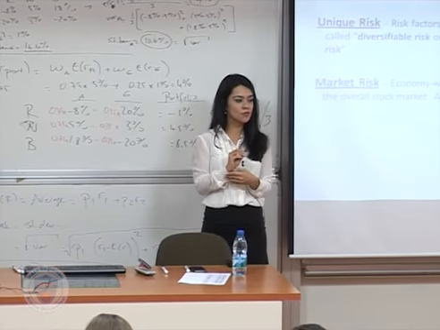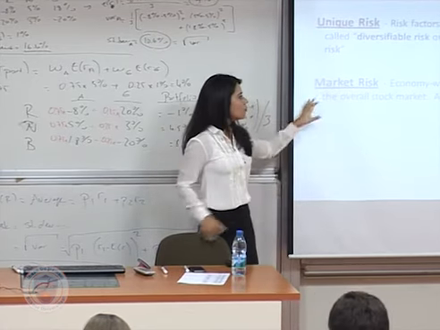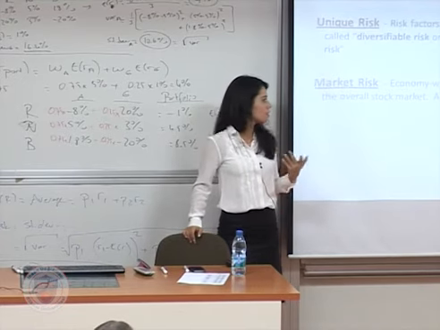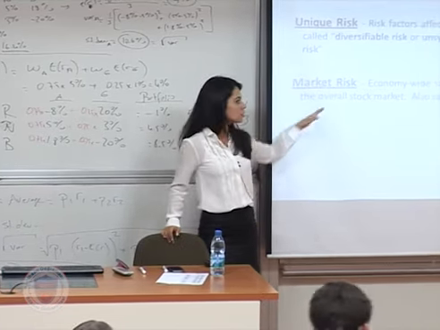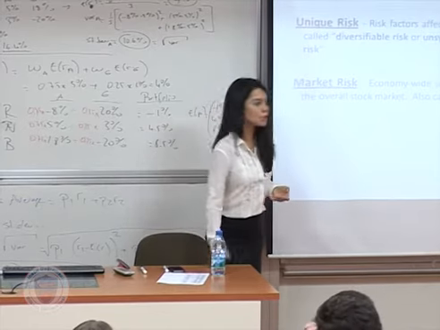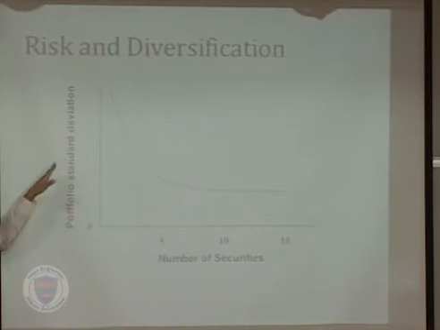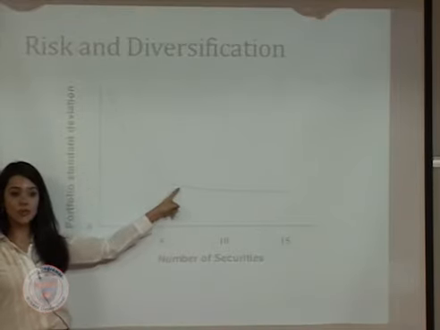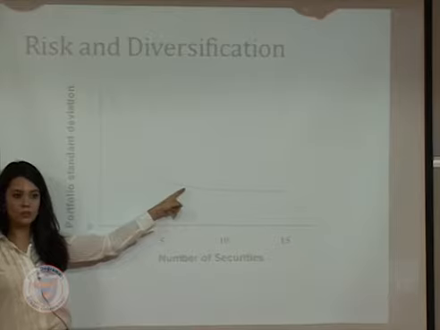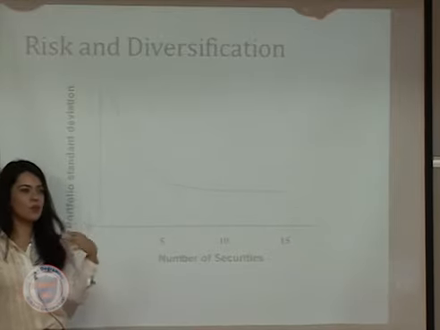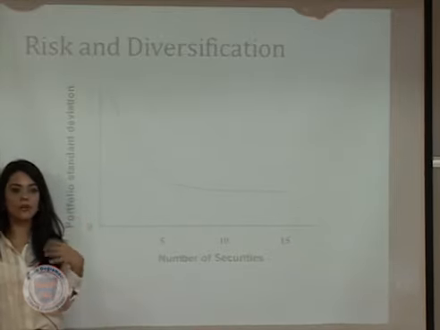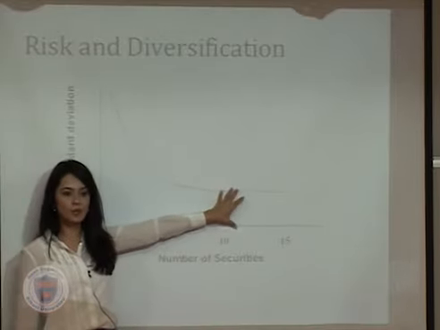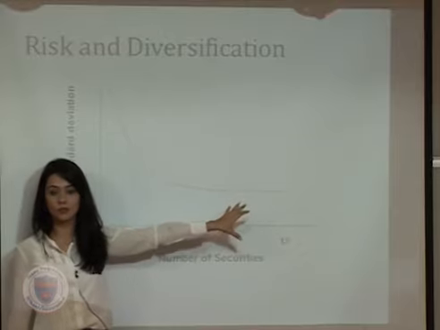Market risk, on the other hand, is the economy-wide risk that affects the overall stock market, and it is called systematic risk. So going back, as you can see, by adding more stocks, you can reduce the unique risk in your portfolio. You're getting rid of the risk that will affect only one stock, but you're stuck with one kind of risk, which is systematic risk, the market risk.